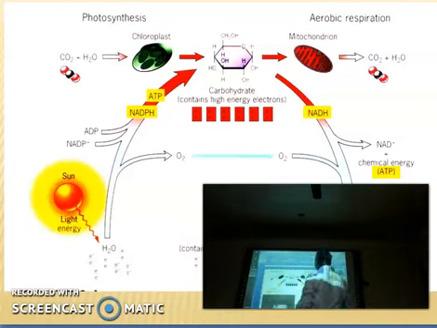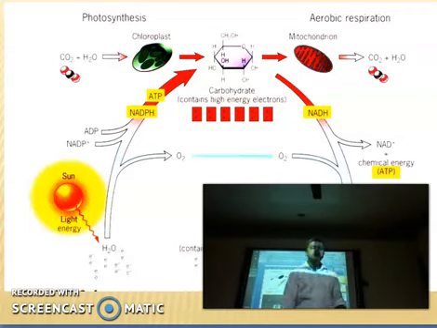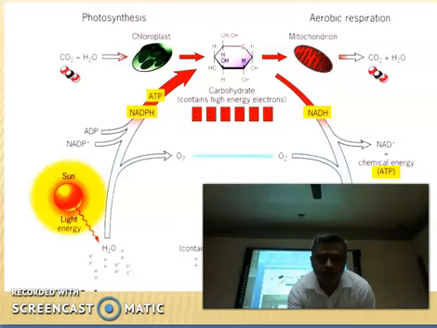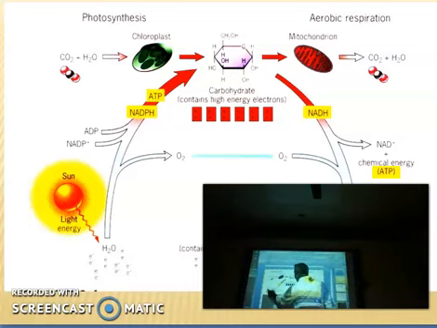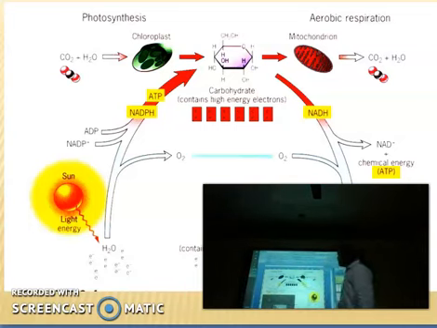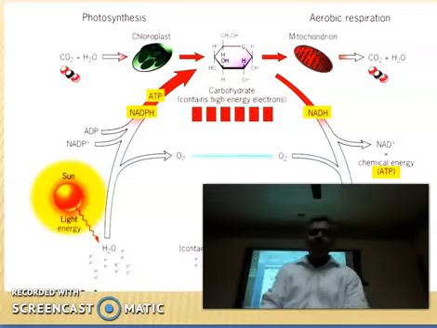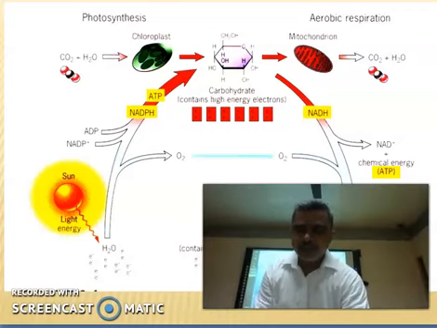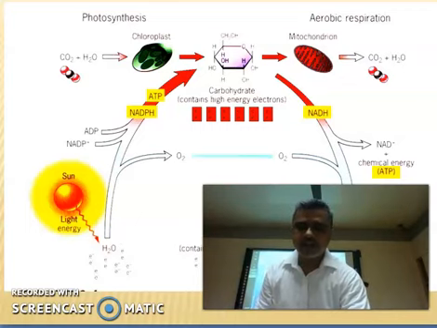Here chloroplast synthesizes carbohydrate, here carbohydrate is degraded into CO2 and H2O. That you have to understand. Now the chemical energy here, NADH and ATP are generated and contain low energy electrons too in between. Okay, this is about the photosynthesis and respiration reactions.